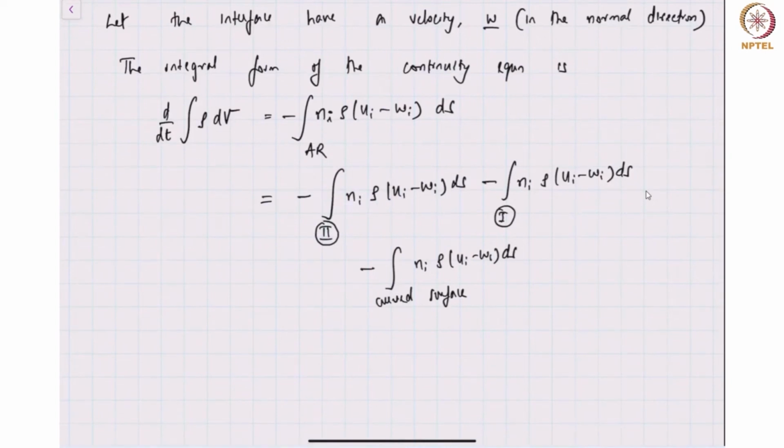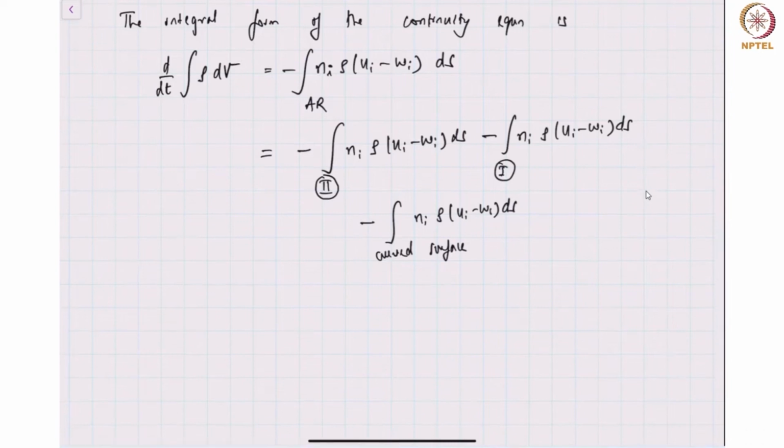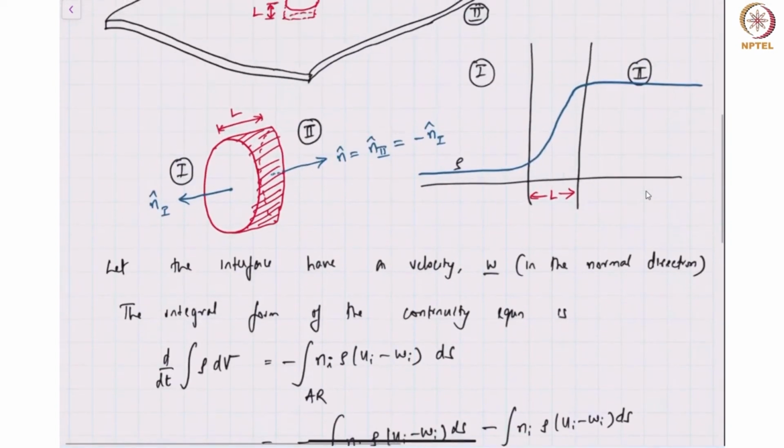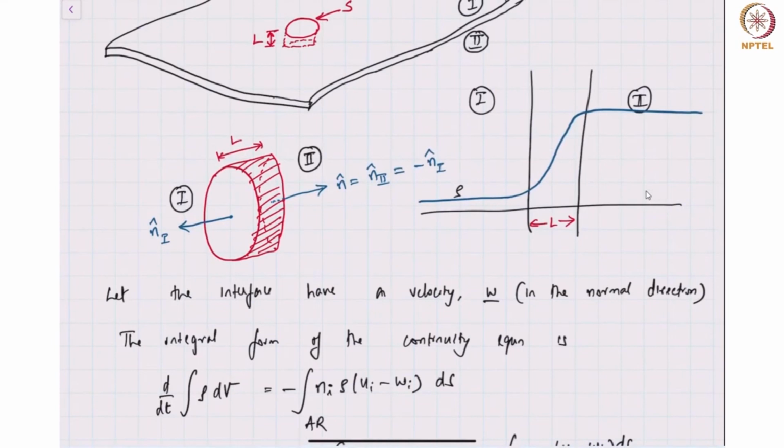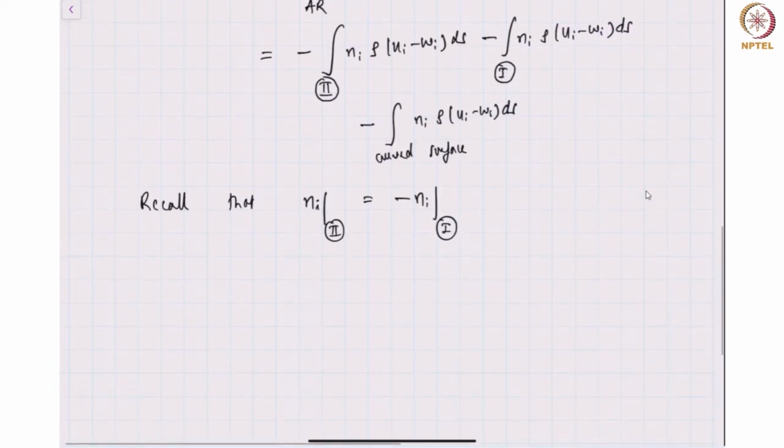Okay, now what I can do is write down the expressions for each of them, but we will remember, recall that n_i in region 2 is minus n_i of region 1. That's what we wrote down here: n2 hat is minus n1 hat. So I can now substitute this.